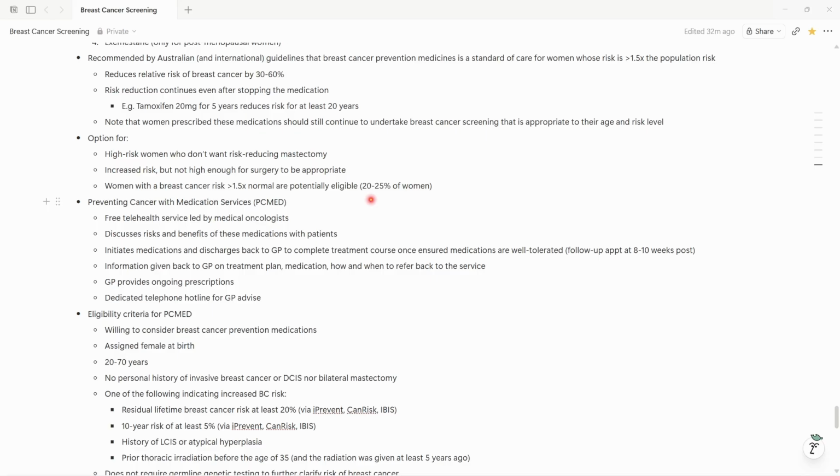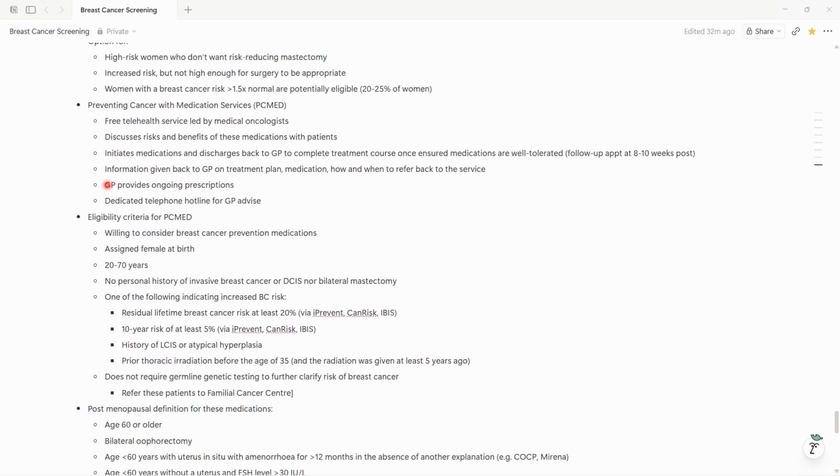And there are 20 to 25% of Australian women who will fall into at least the moderate risk category. So that's a significant number of women that may potentially be eligible for these medications to help reduce significantly the risk of developing breast cancer.